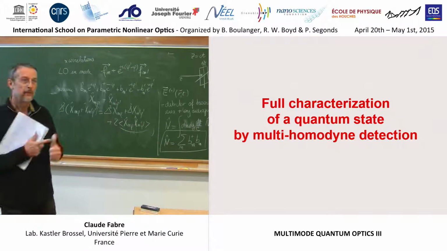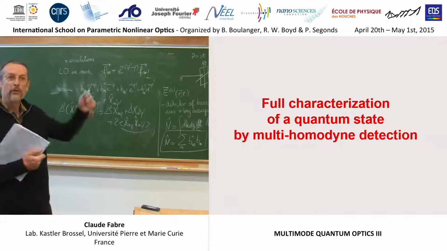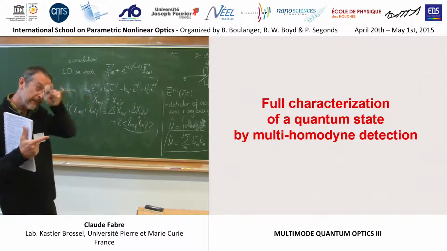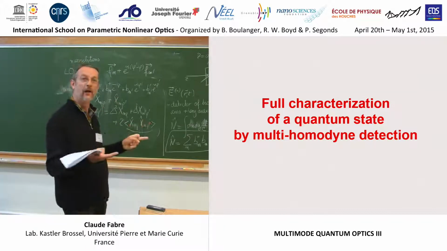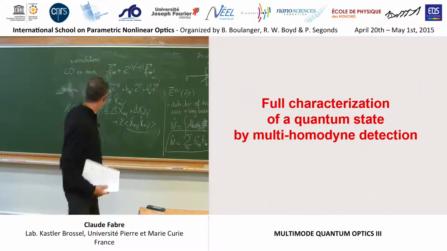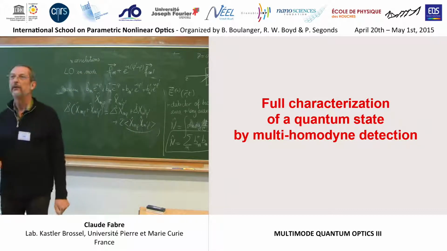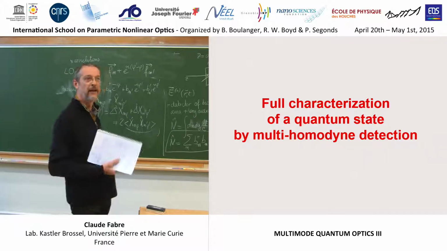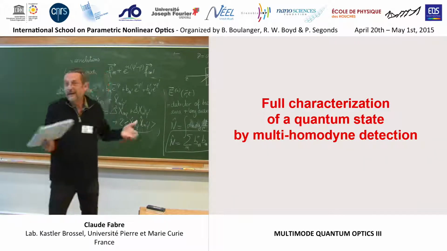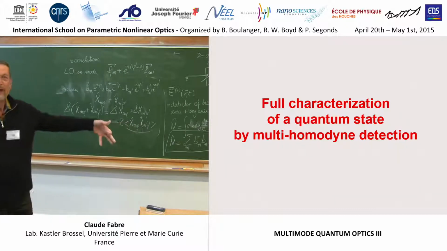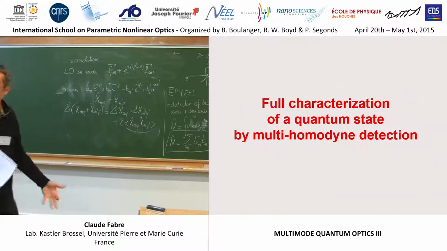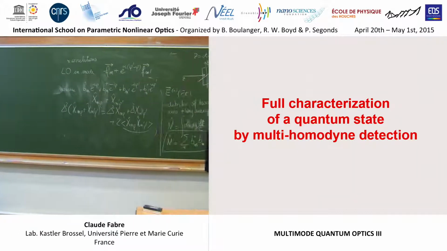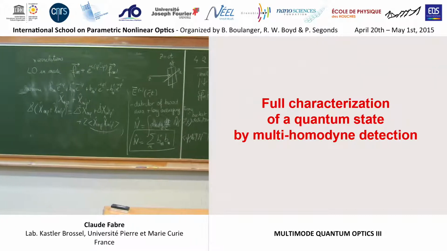And so we need to measure the n mode variances, and then the n(n minus 1) over 2 couples of modes, which give the covariances. So the total number of measurements is n(n plus 1) over 2. It's a lot, but it's what you need in order to fill all this big covariance matrix with experimental numbers. You will see what we have done.